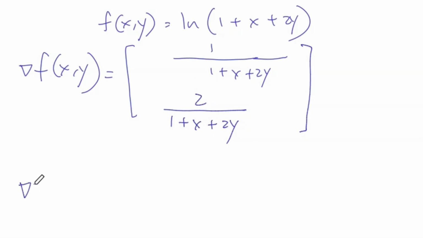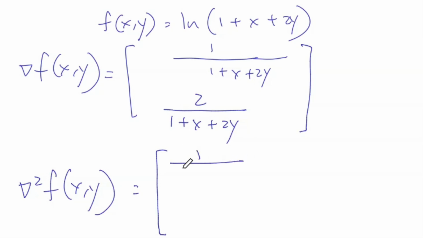And how about the Hessian? You derive this over x again. You should get 1 over 1 plus x plus 2y, with the chain rule, squared, and minus, because the denominator is a negative power, power negative 1.